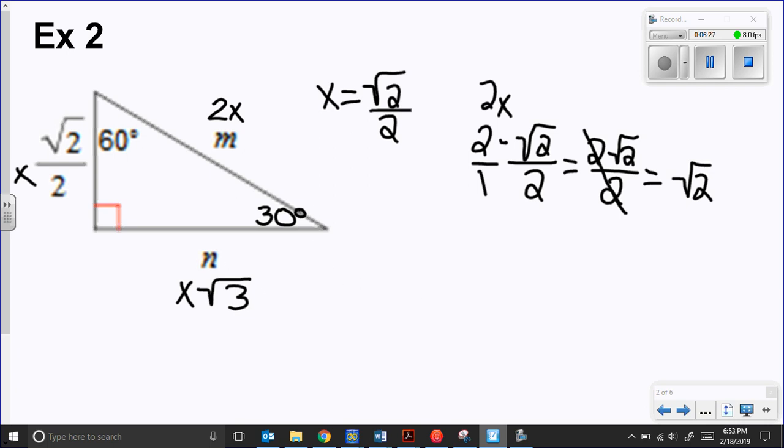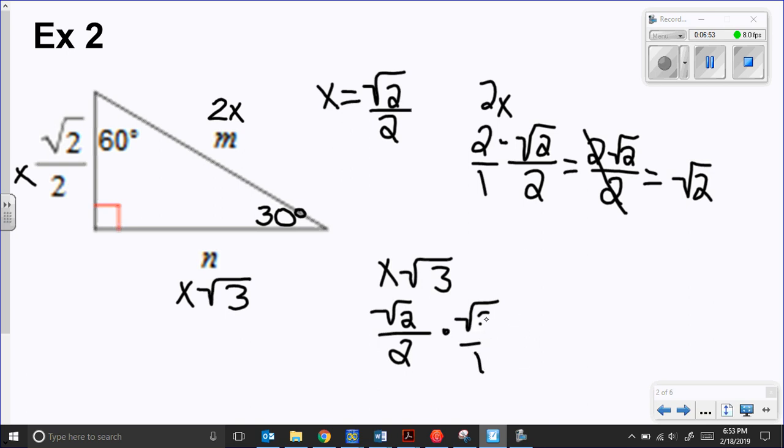And then let's find n, which is x times the square root of 3. So we do x times the square root of 3. And we know that x is the square root of 2 divided by 2. And then we want to multiply that by the square root of 3, which we can put as square root of 3 over 1, so it balances out.